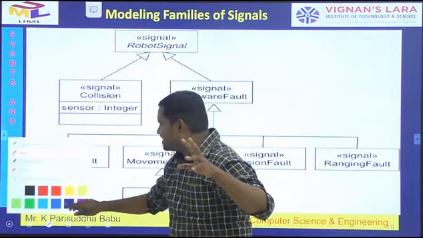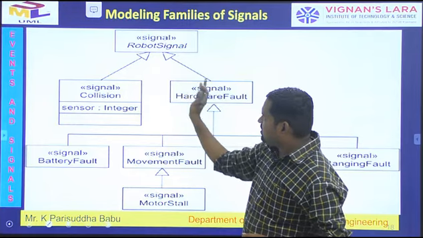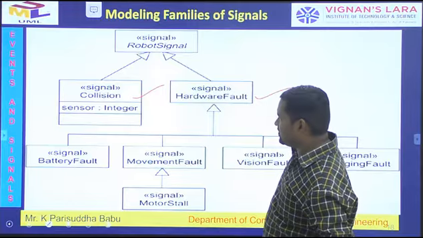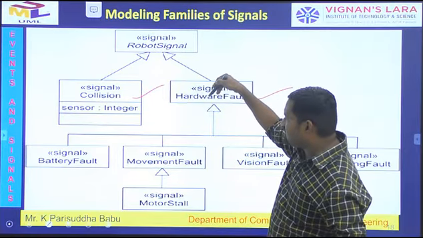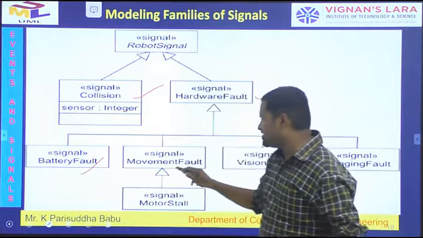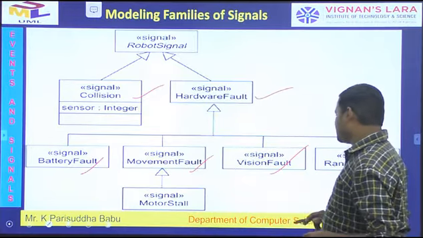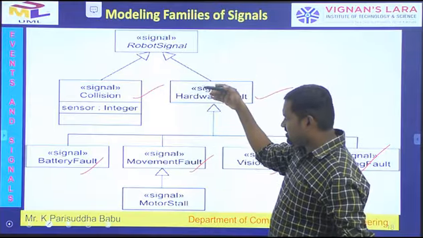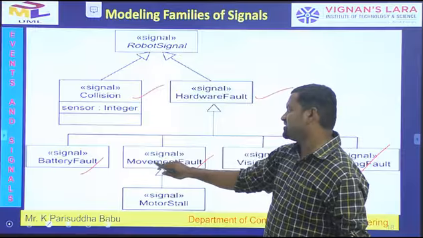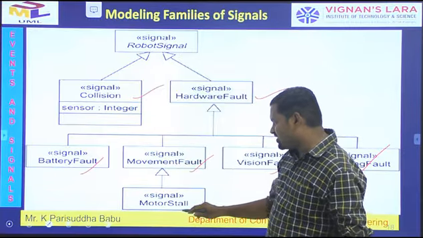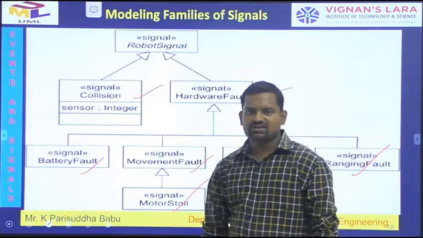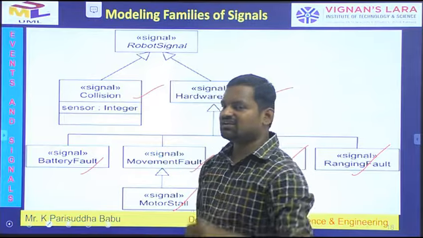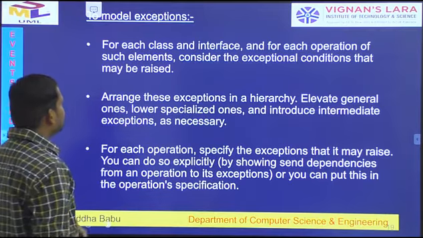From that robot signal, the child signals are collision signal and hardware fault. From this parent hardware fault, many signals come: battery fault, movement fault, vision fault and ranging fault. From movement fault there is also a motor stall signal. Likewise, you can represent inheritance in signal creation also. Okay, that is one kind of model.